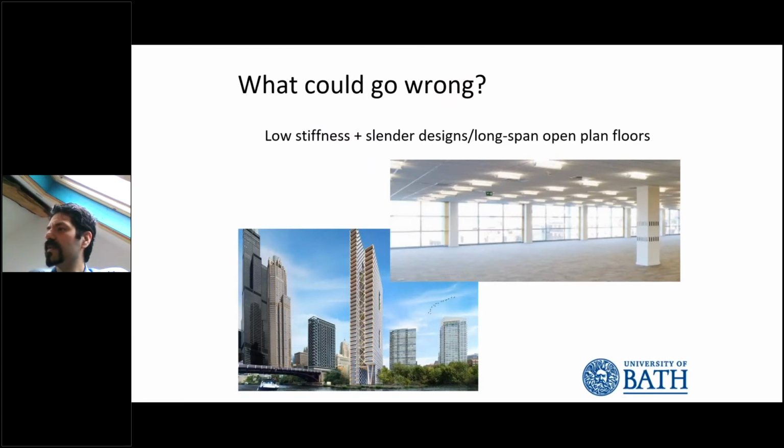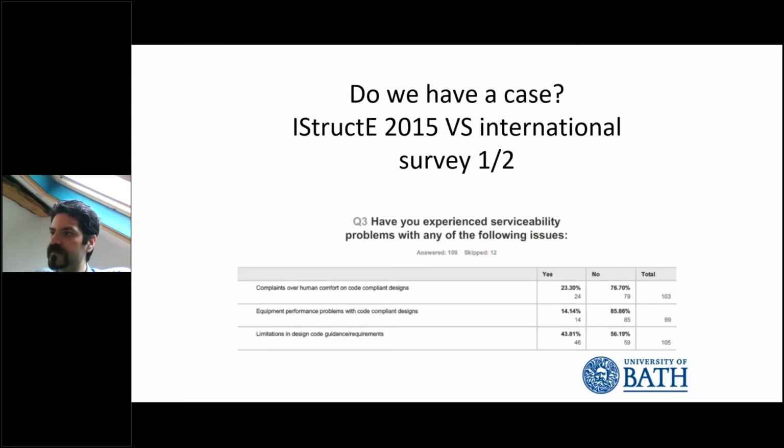So what could go wrong? As an example, the combination of inherently low stiffness materials, such as timber, and the increasing demand for tall buildings and slender structures, and also long span open plan office floors, means that deflection and vibrations can dominate the behavior of the structure.